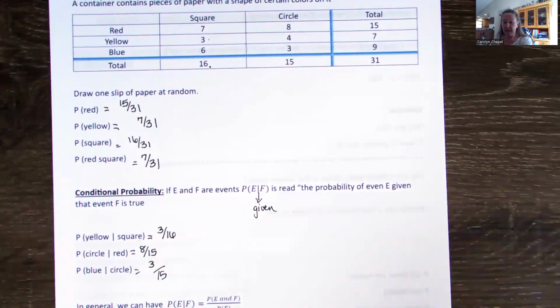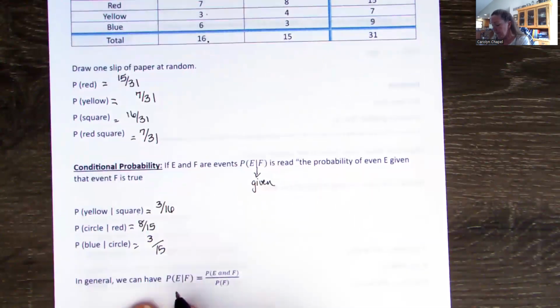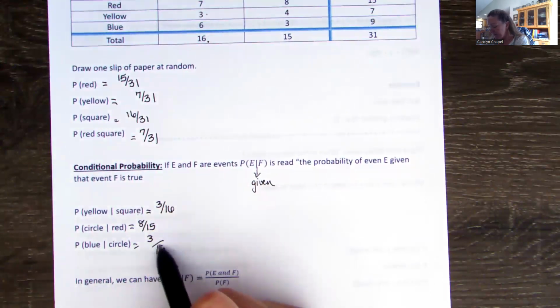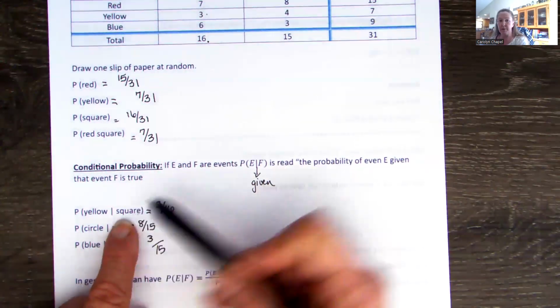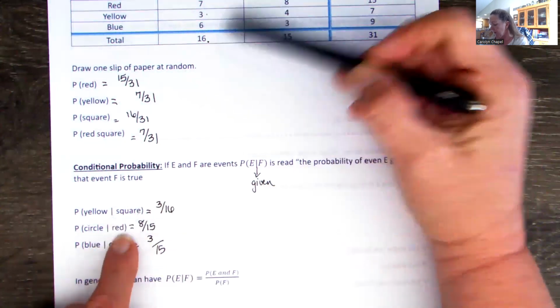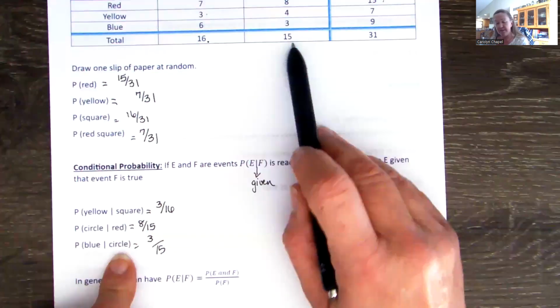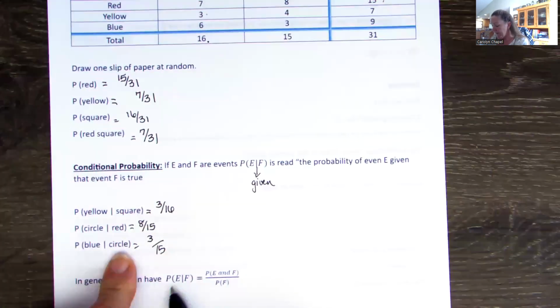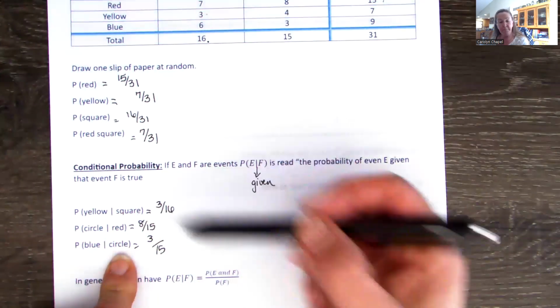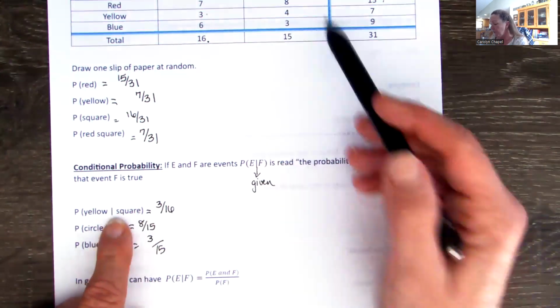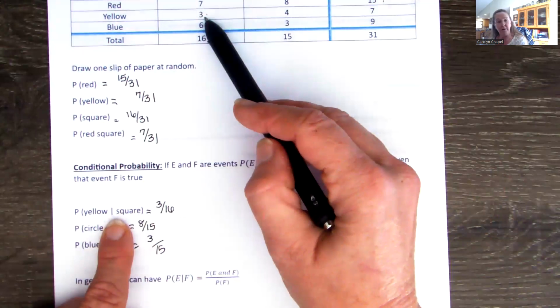Okay, in general, I want to talk about where these numbers came from. If we have the probability of E given F, notice this bottom number, that 16 or that 15, came from the given part. So given the square, given the red, given the circle. So the probability given F, that piece is going to be on the bottom. The top number, so that 3, was our yellow squares.